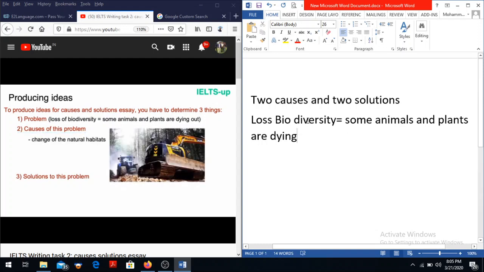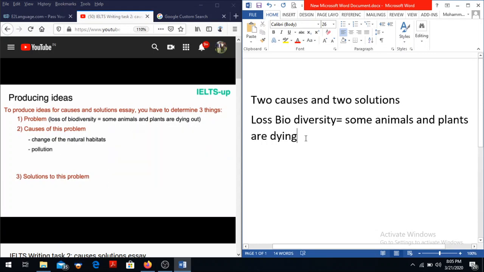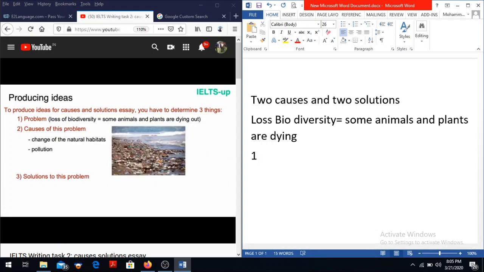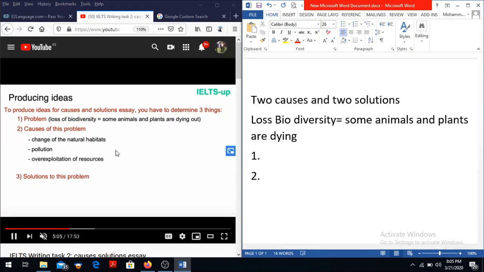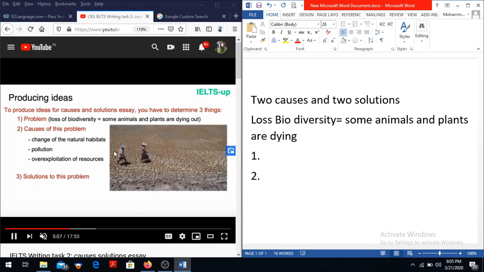So why are these things happening? So the causes of this problem. You can see change of natural habitats, that is one cause, and another cause is pollution. For these two things, this problem is rising.